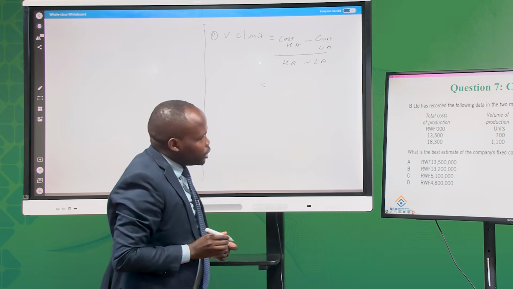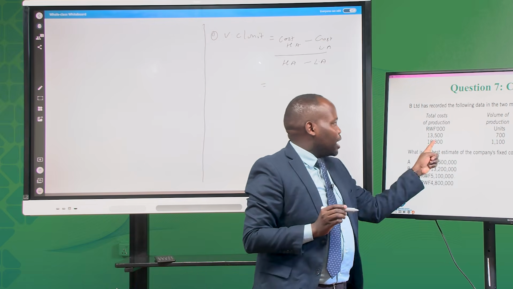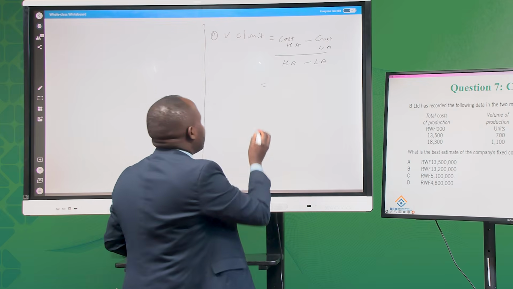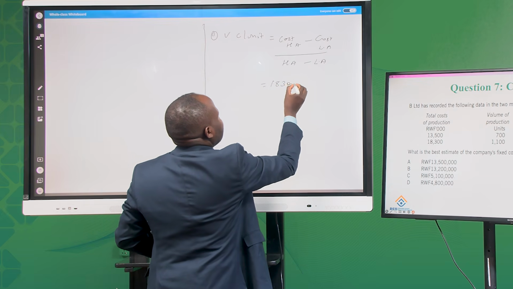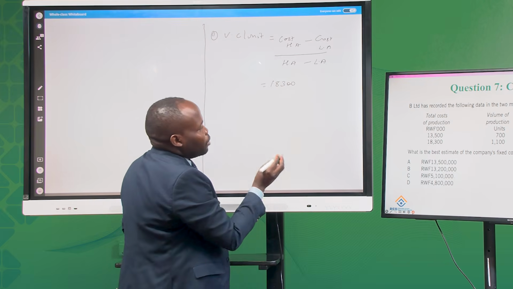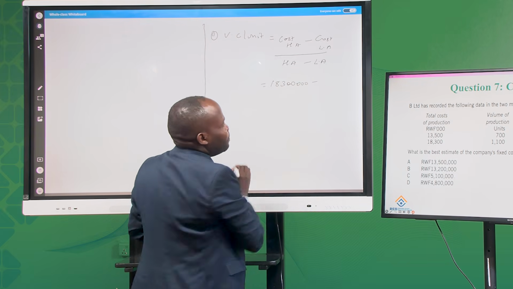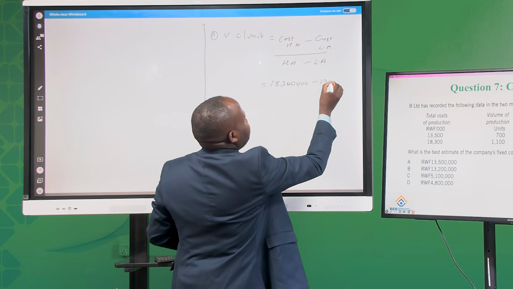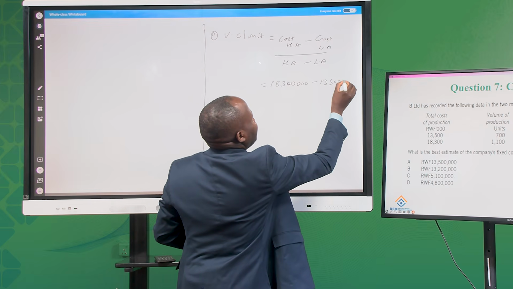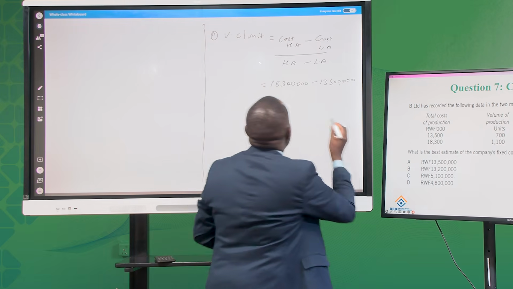So we go to the question. The highest activity is 1,100 and the cost is 18,300, but we are working in thousands, so we can add the 3 zeros. Minus 13,500, we can add the 3 zeros because it was in thousands.